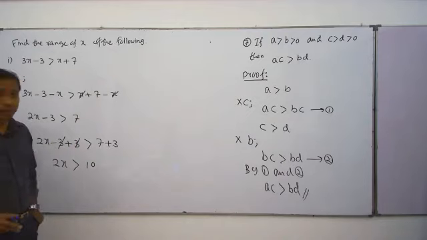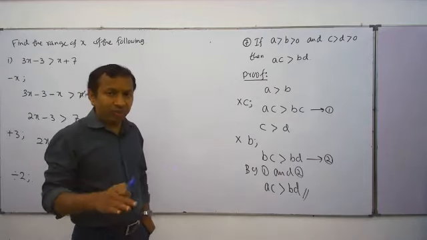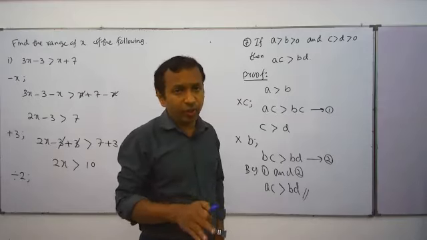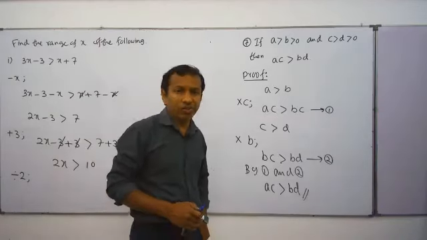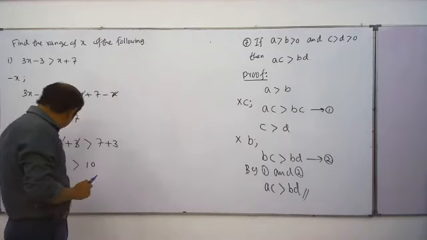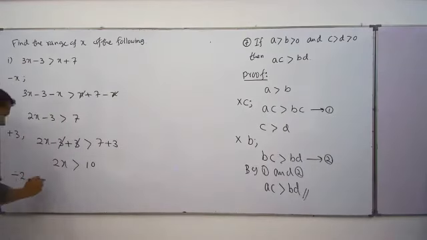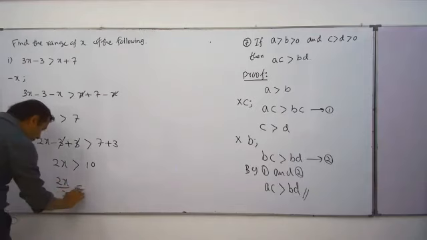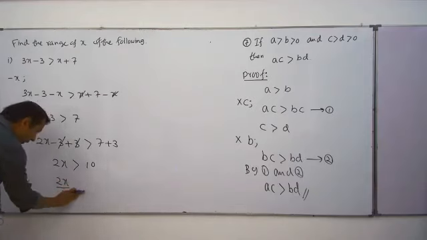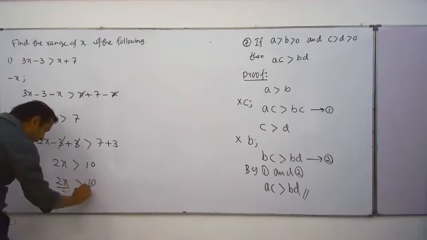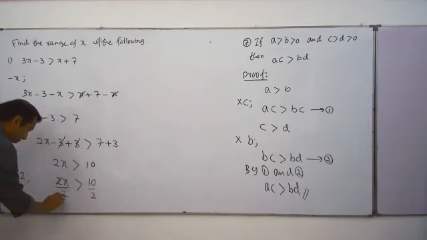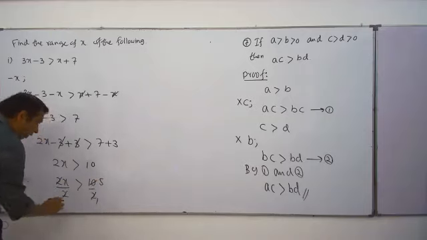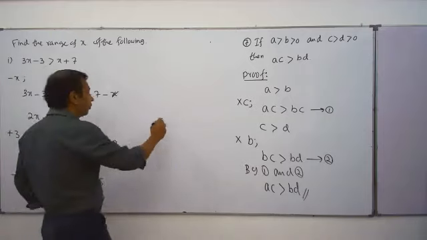We proved that if both sides of an inequality are divided by the same positive value, the direction won't change, but if we divide by a negative value, the direction of the inequality sign reverses. Here 2 is positive, so 2x divided by 2 greater than 10 divided by 2. Cancel down, and we get x greater than 5. That's the answer.